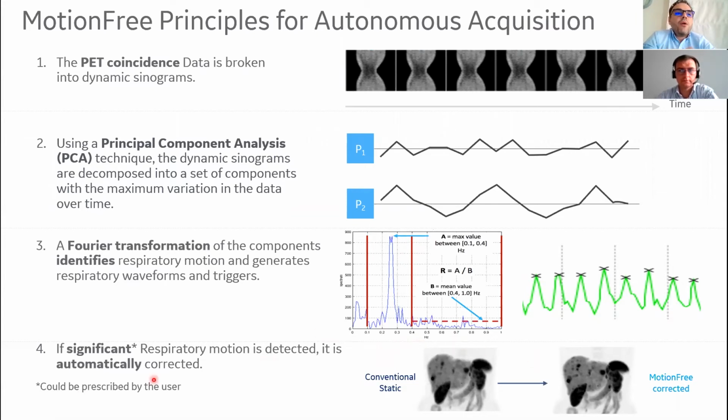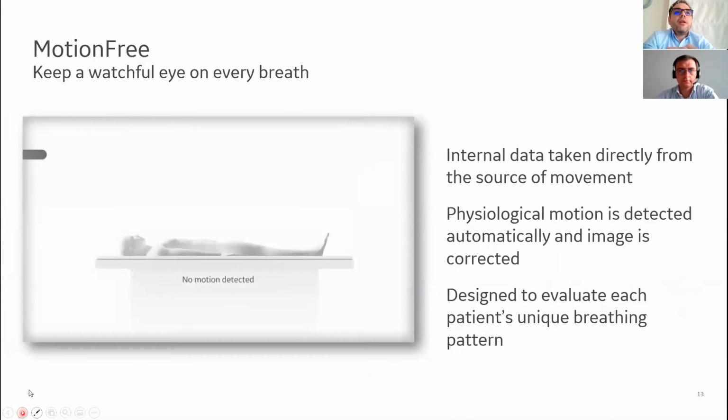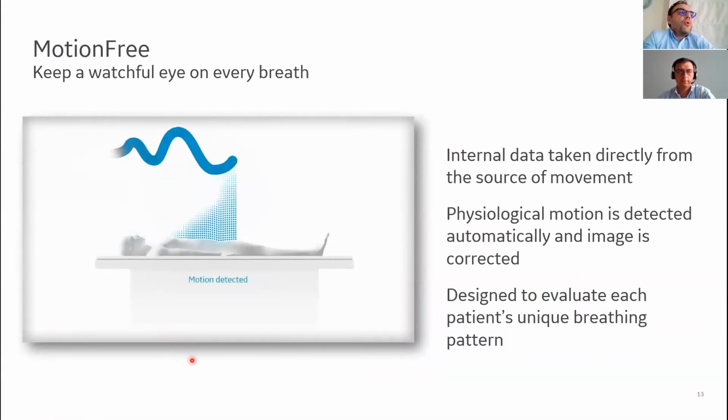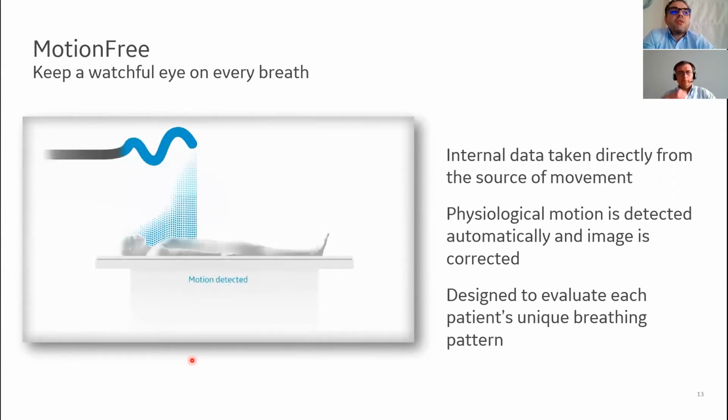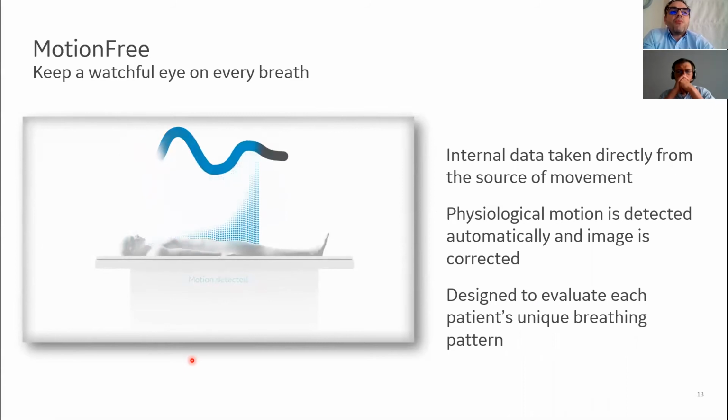Now let's see a little bit how it works in real time. In the actual workflow, nothing really changes. Motion free is fully integrated in the protocol. There is no real change in the procedure. Physiological motion is detected automatically, and the image is corrected.